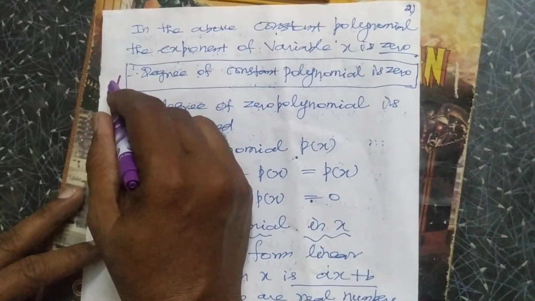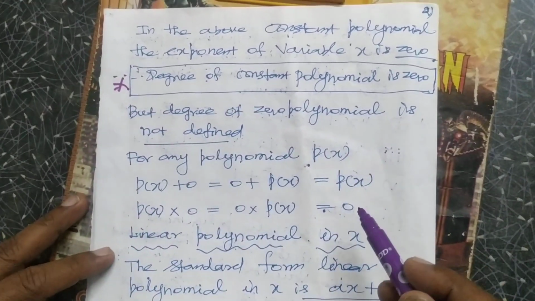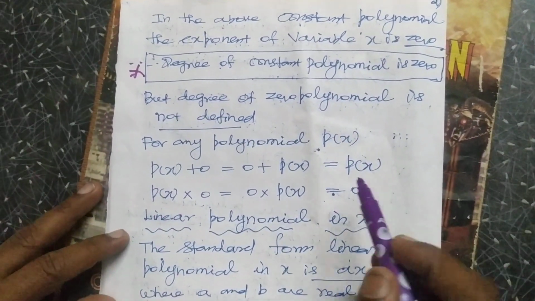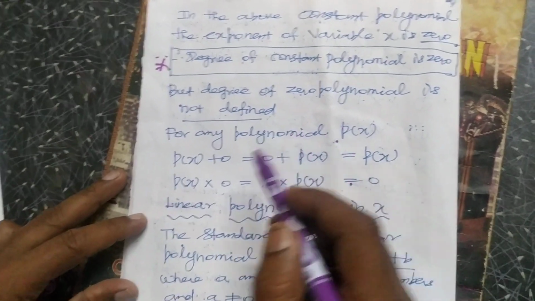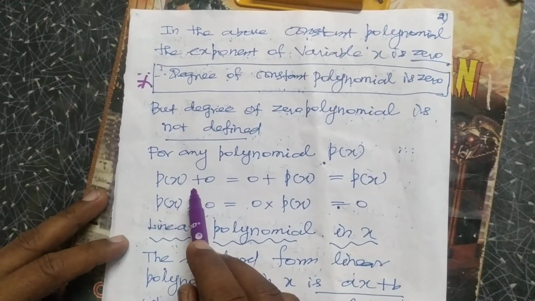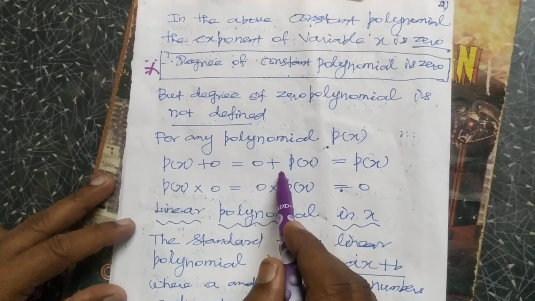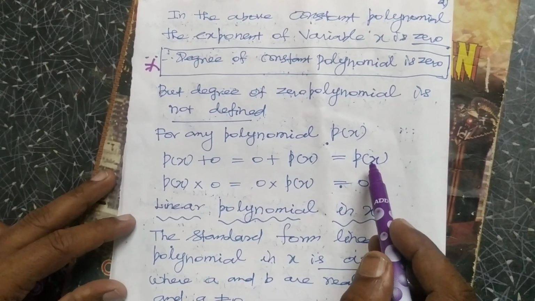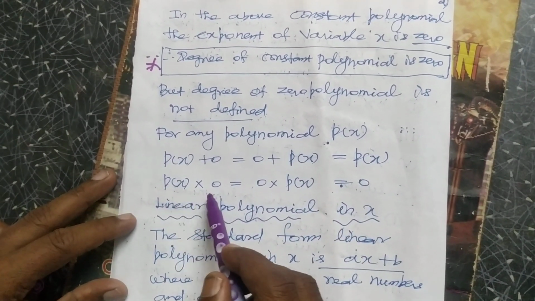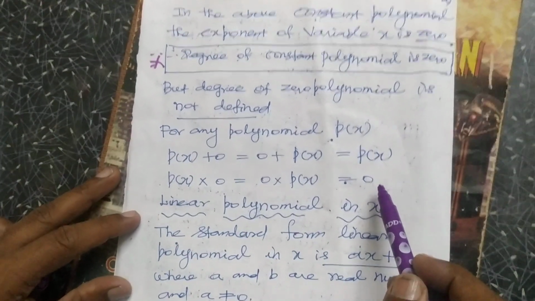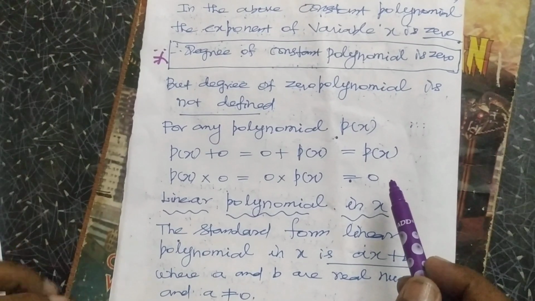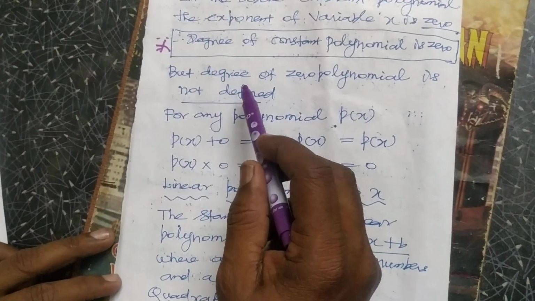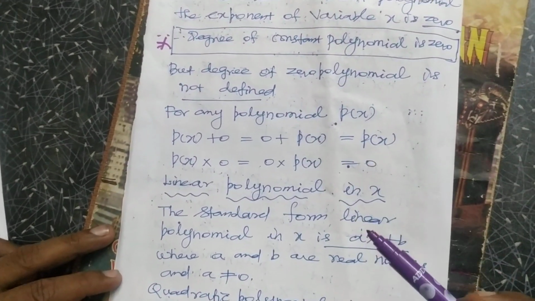That is very important. The degree of a constant polynomial is 0. But the degree of the zero polynomial is not defined. Why? p of x plus 0 equals 0 plus p of x equals only p of x. Then any polynomial multiplied by 0, the answer will be 0, in which the coefficient is 0, therefore the degree of the zero polynomial is not defined.